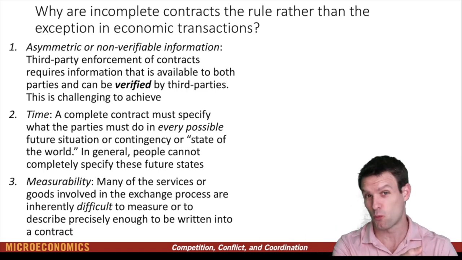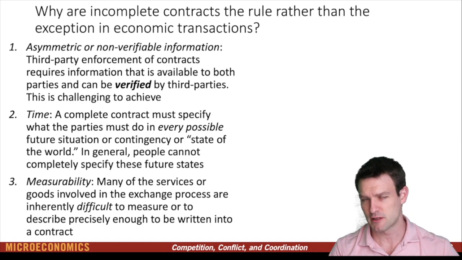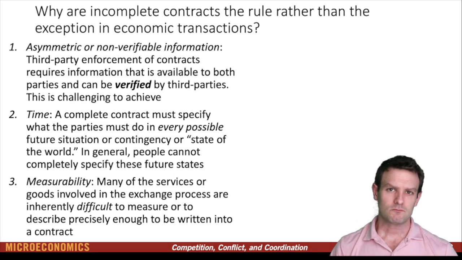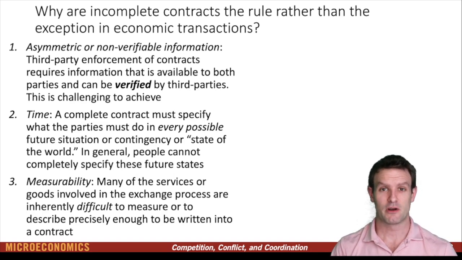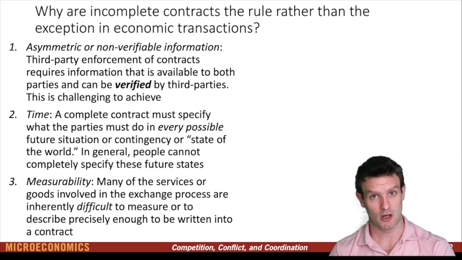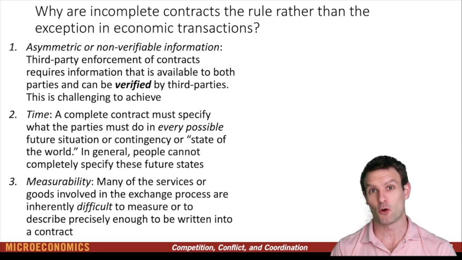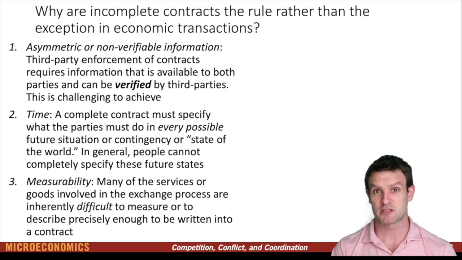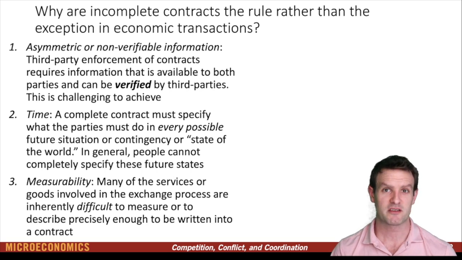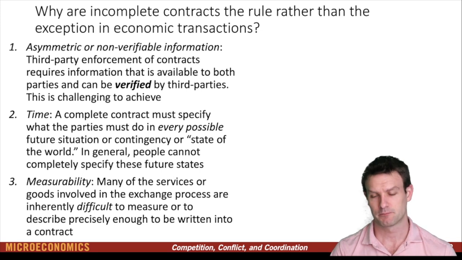So what we come down to here is that it's very hard to put these kinds of measurement concepts into a contract. And when it's hard to measure whether someone has completed something or failed to complete something in a specific capacity, that means it's hard to have a complete contract that would specify what would be measured and what would be categorized and what would be bought and sold in that contract.